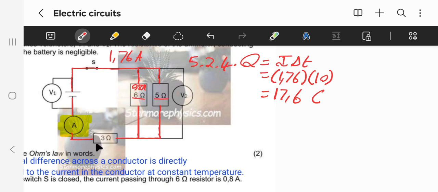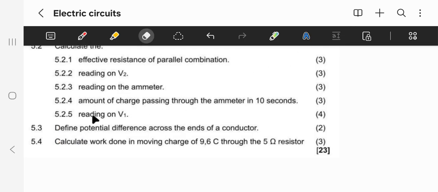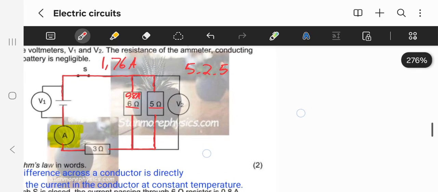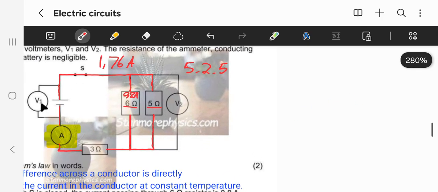All right, move on now to the next question. The next question is 5.2.5, and it says we have to calculate the reading on V1. So to answer this one, guys, we need to understand something about the reading on V1.